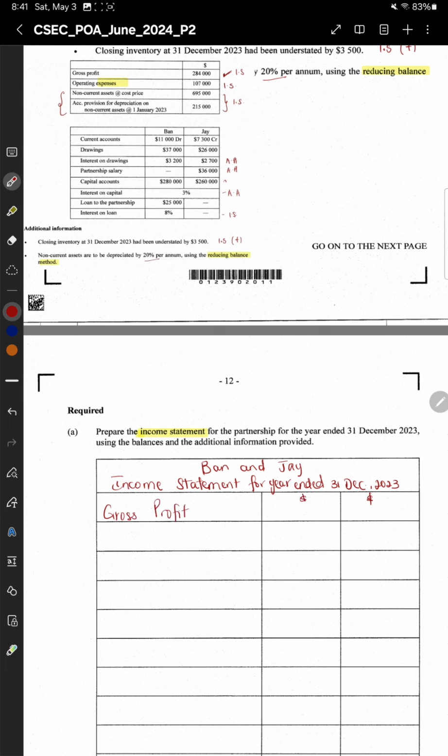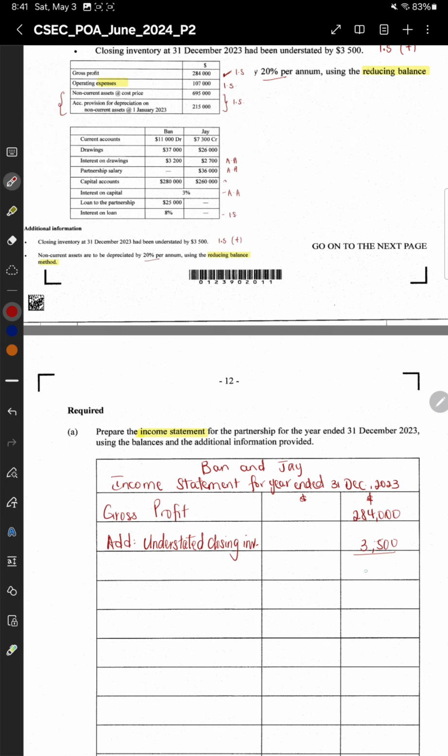Alright, so the very first item we'll put there is gross profit. And we have our dollar signs. The gross profit is $284,000. Next item. The best possible thing is to put our closing inventory, so we'll have our corrected gross profit. So add understated closing inventory, and this is 3,500.